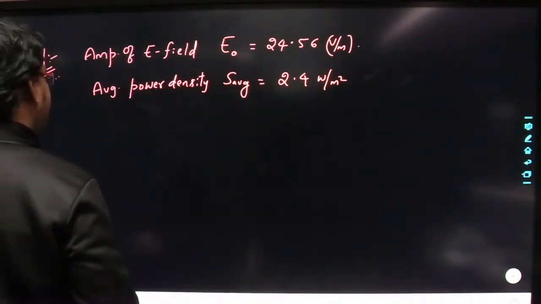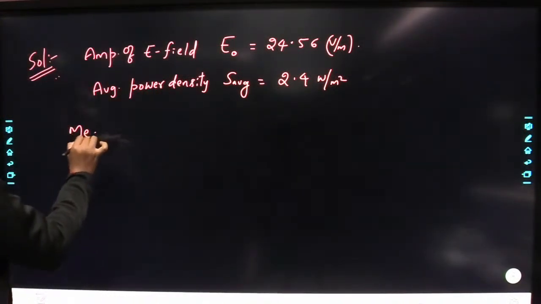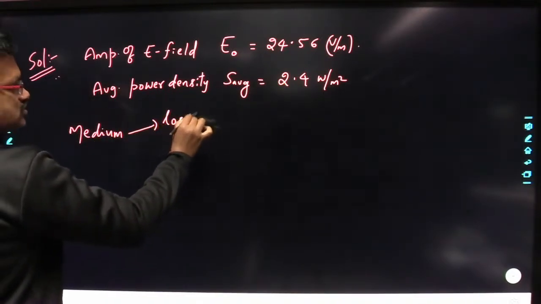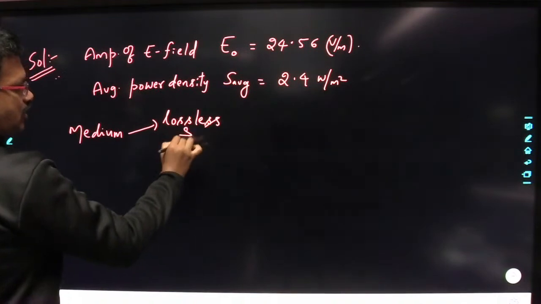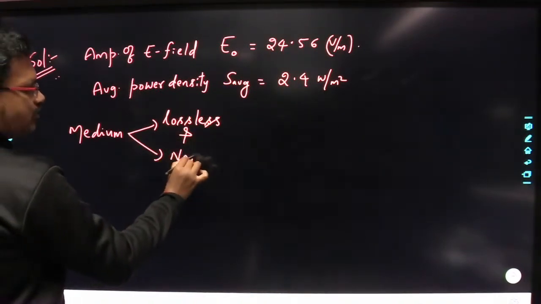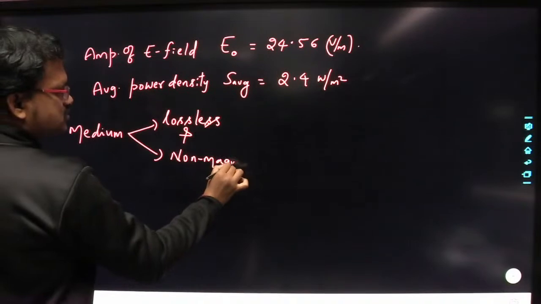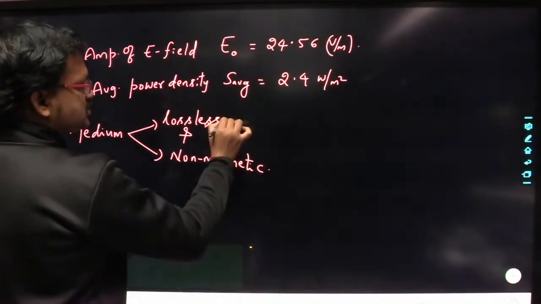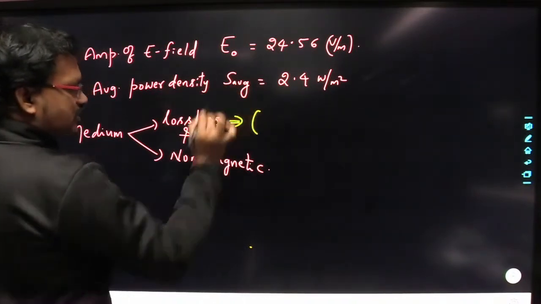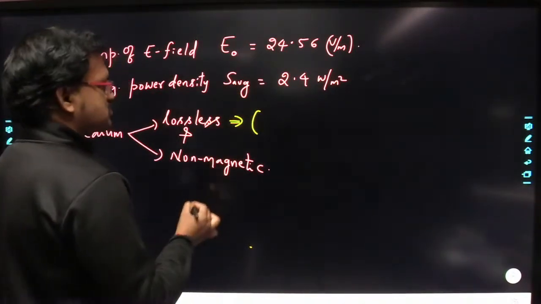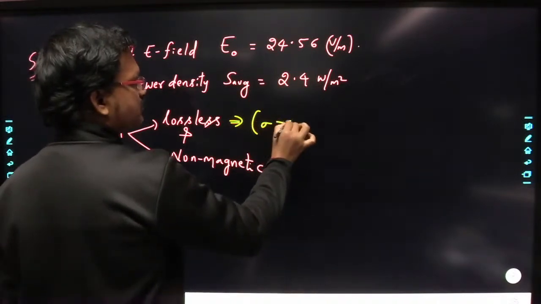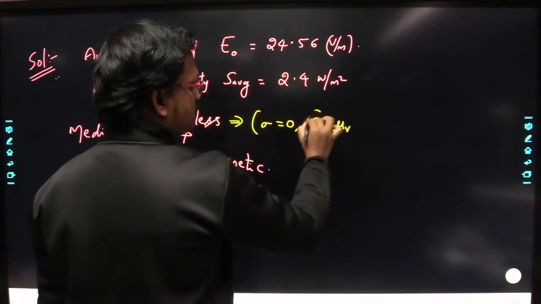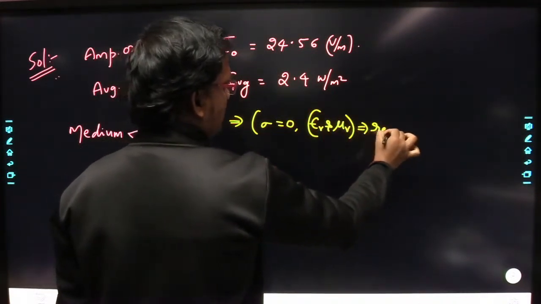Also they are saying that the medium is lossless and non-magnetic. What do you mean by lossless medium? If the medium is lossless, then the conductivity of the medium is equal to 0, and epsilon r and mu r values must be real quantities.